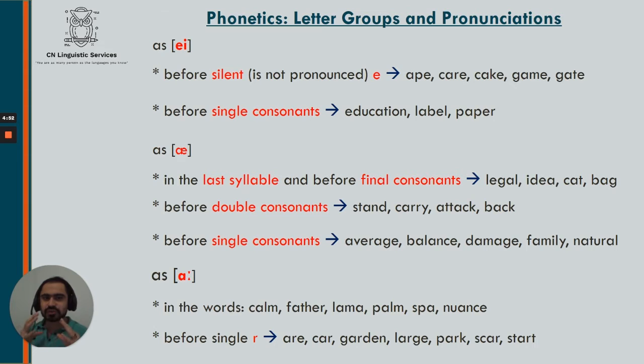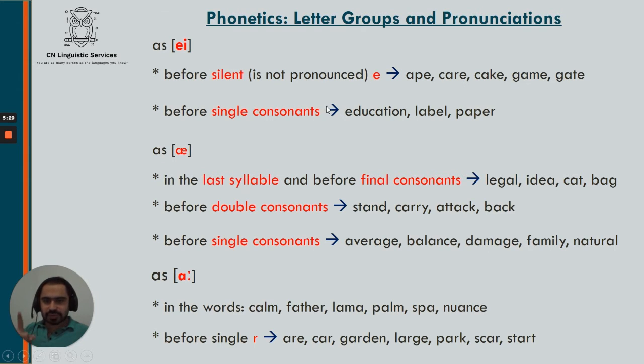We do not pronounce E in this word. It's also called magic E, but you can call it a silent E. The examples are ape, care, cake, game, and gate. As you can see, I pronounce it as A: ape, care, gate, game.